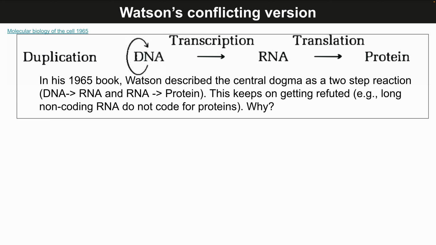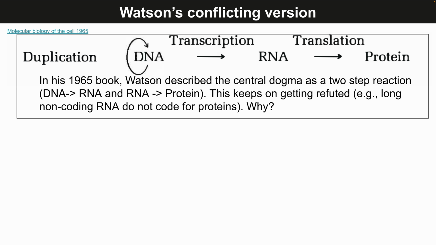So in your class, you would probably have studied this version of what it looks like, because that's what Watson wrote in his famous book in 1965, which still is in print. DNA gets transcribed into RNA, RNA gets translated into protein. DNA can also, of course, be copied. There are ways to copy DNA itself. But this is the first version when he wrote it in his Molecular Biology of the Cell 1965 book.